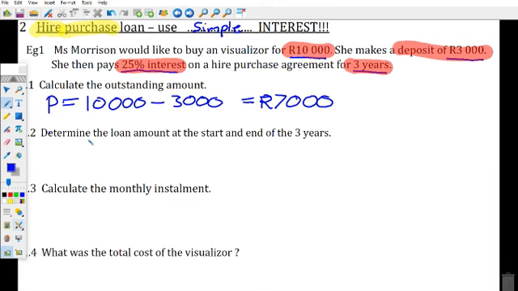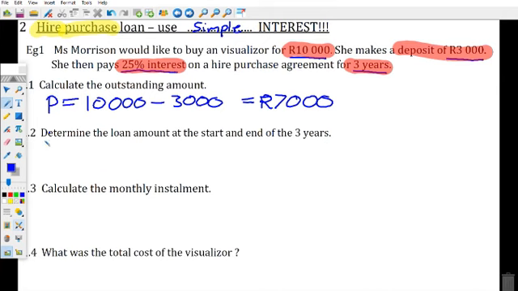So, determine the loan amount at the start and end of the 3 years. So the loan amount at the start of the 3 years: how much money is she taking out? She's taking a loan for how much? Not 10, it's 7,000 because she paid the 3,000 deposit.